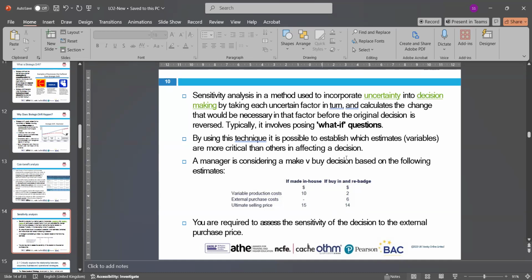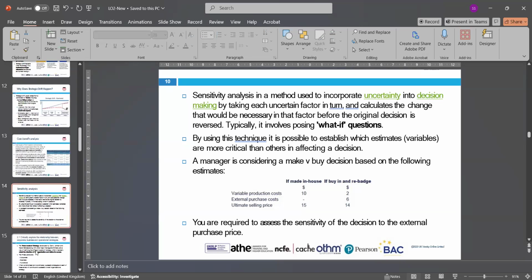Whatever decision you are taking, you need to consider what could be the uncertain factors related to that decision, and for each uncertain factor, you are going to discuss what-if questions. What if the price increases 10%? Of course, our profit margin will increase.